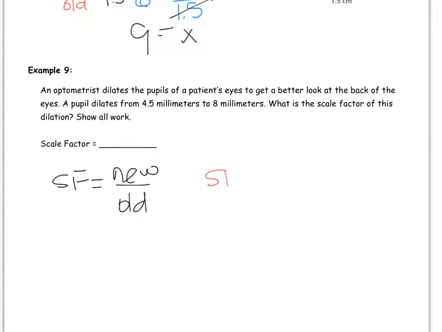So we don't know what the scale factor is, so scale factor equals the new value, 8 millimeters, over the original one, 4.5. And if we reduce that fraction, it would then reduce to 16 over 9. So this would have a scale factor of 16 over 9.